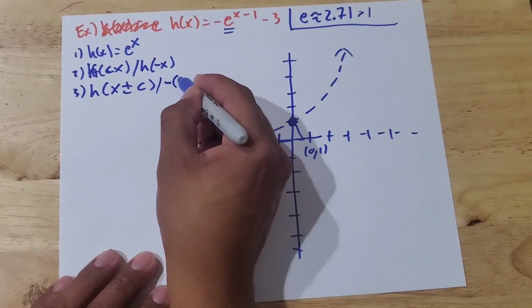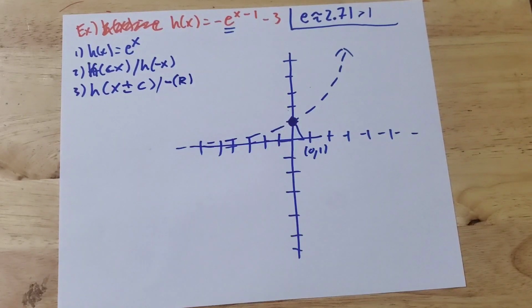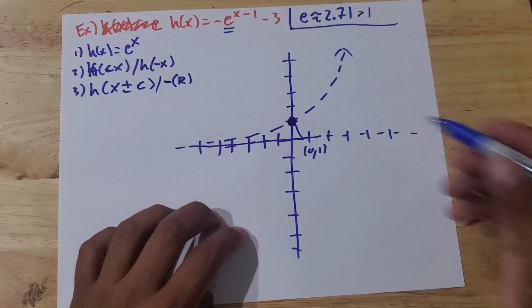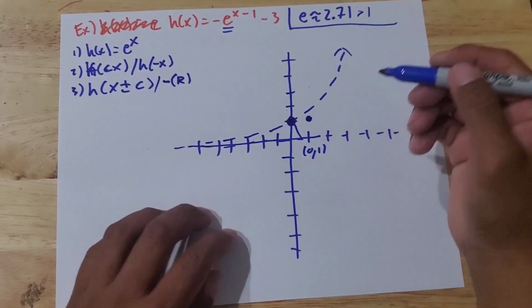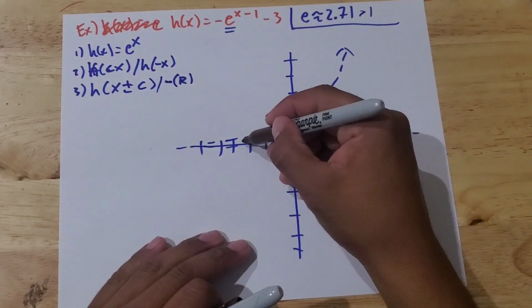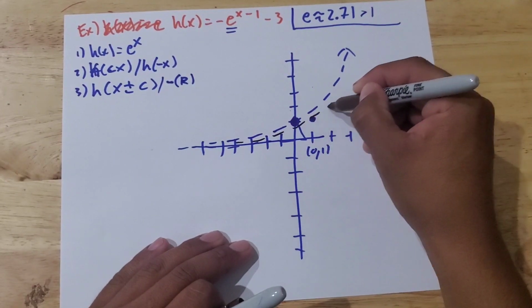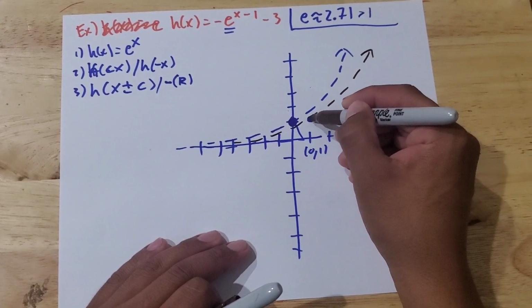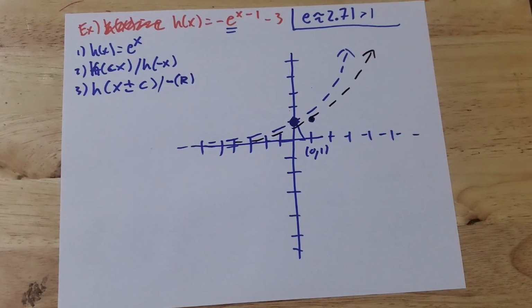So the negative means you're going to the right. If it was positive, that means that you're going to go to the left. So I'm going to go to the right 1 unit. So now this is going to get shifted. Again, it's just very slightly, but it's getting shifted over to the right by 1 point.